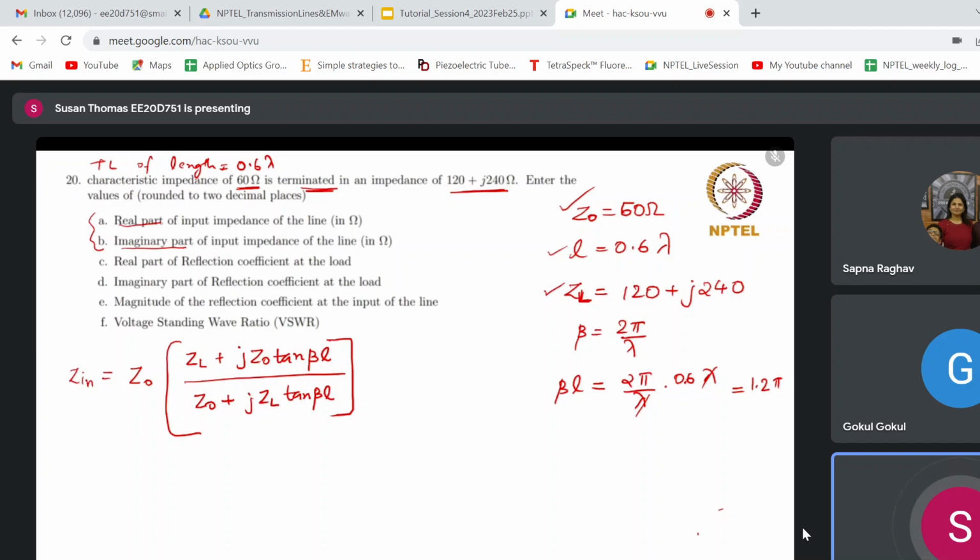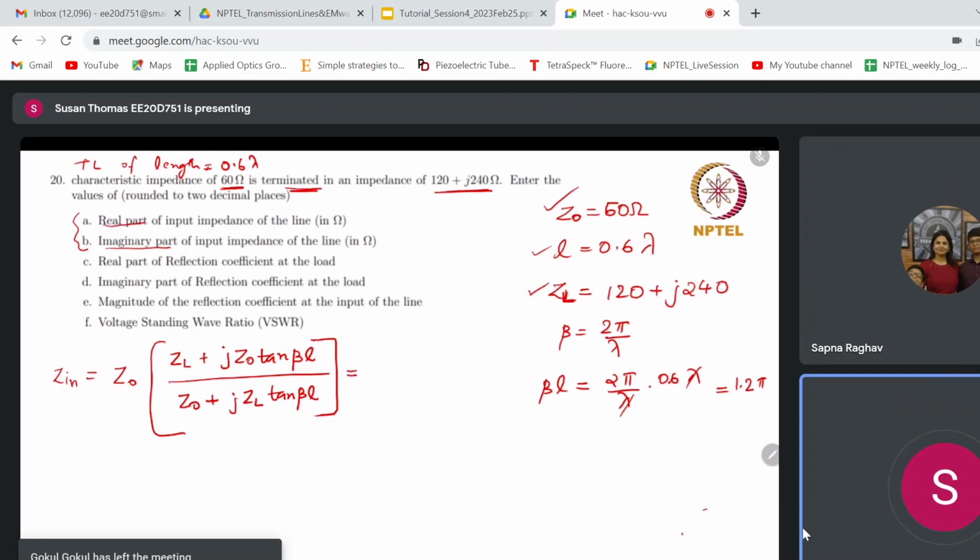Try substituting and find the answer for the input impedance.